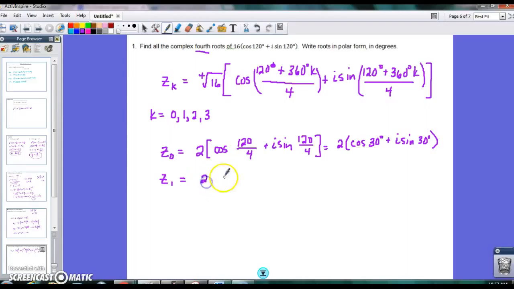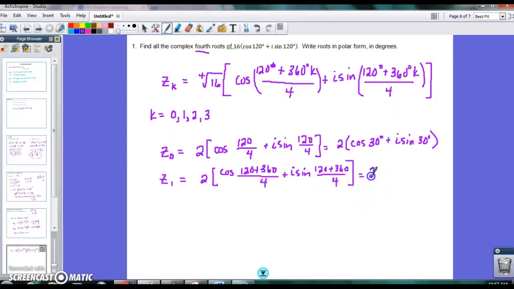Then I'm going to do the same thing for z sub 1. This is 2. Now I have cosine of 120 plus 360 over 4 plus i sine of 120 plus 360 over 4, because k is 1.